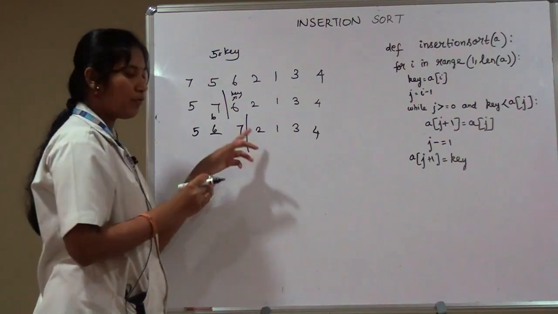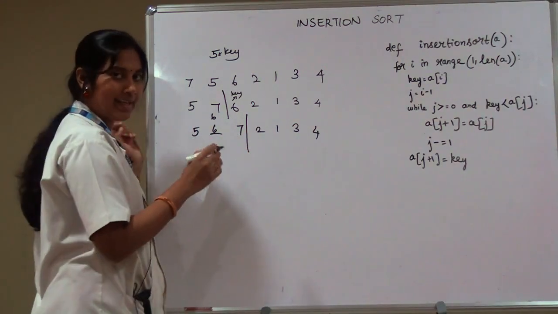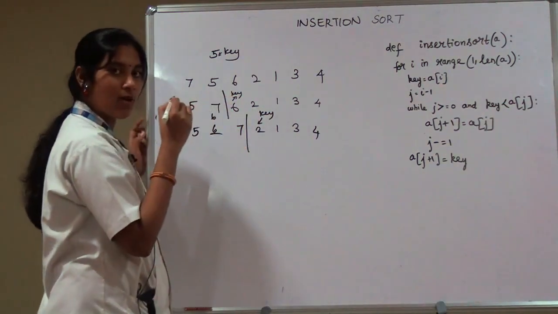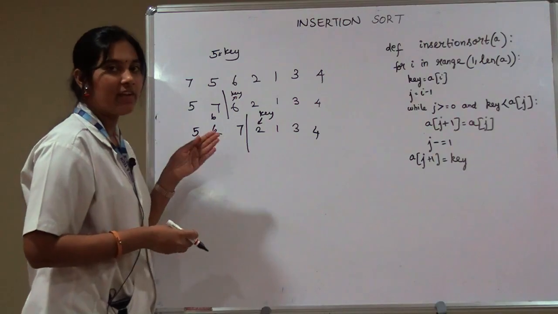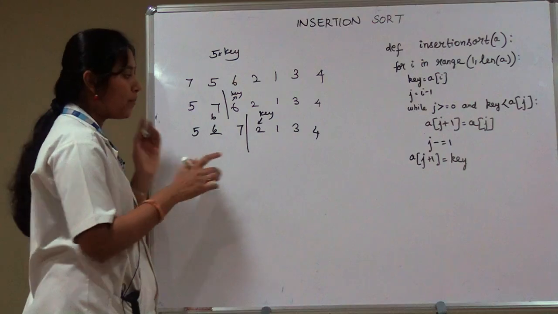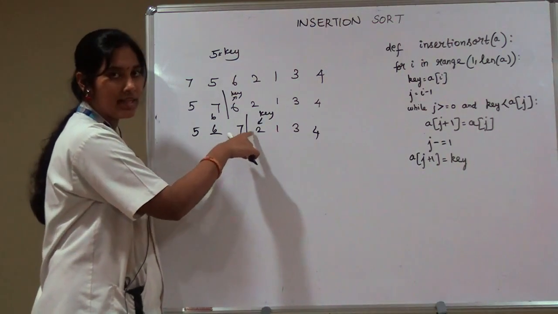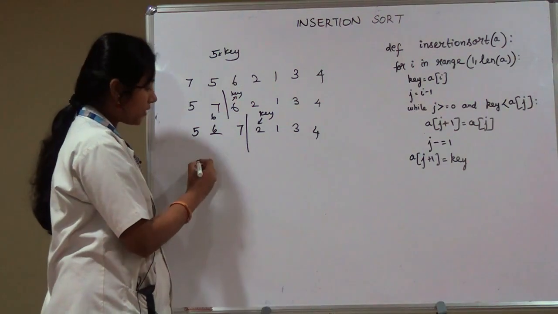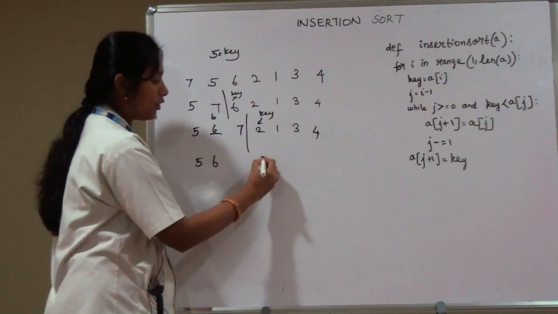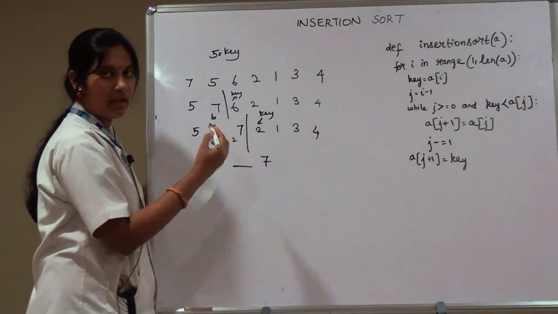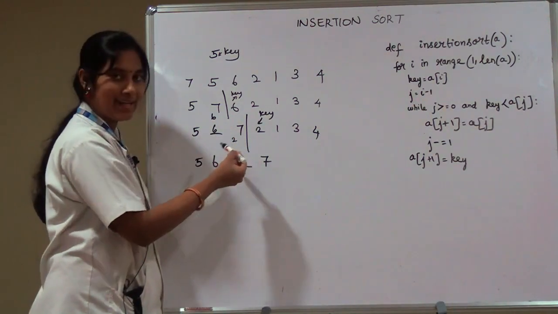Now again my fourth element will become the key element. So my key is 2 now. Like the previous steps, we compare the 2 with the previous elements one by one. I am comparing my 2 with 7. 2 is less than 7, so I move 7 to the right. Now my key is 2. I compare 2 with 6.